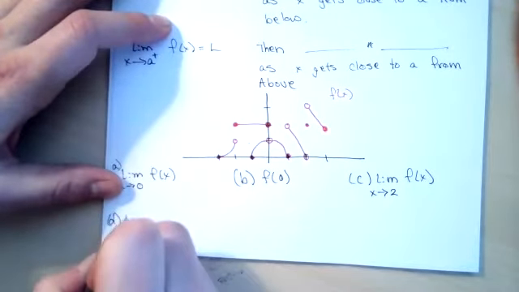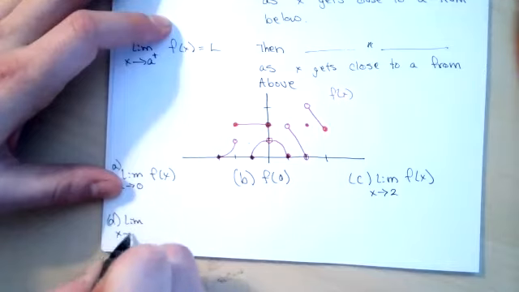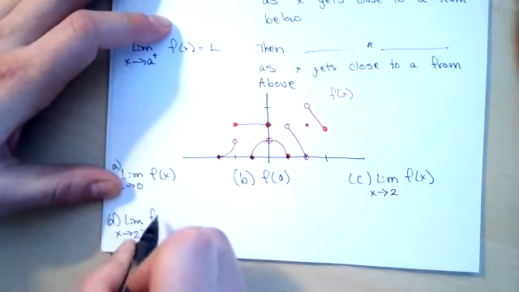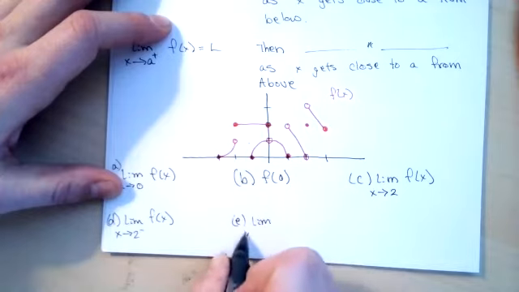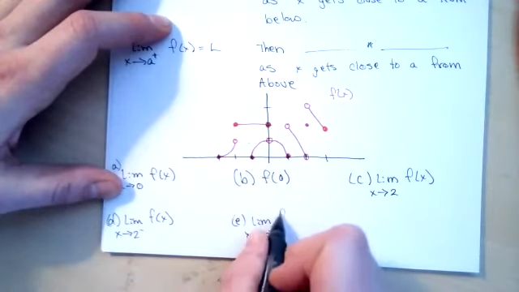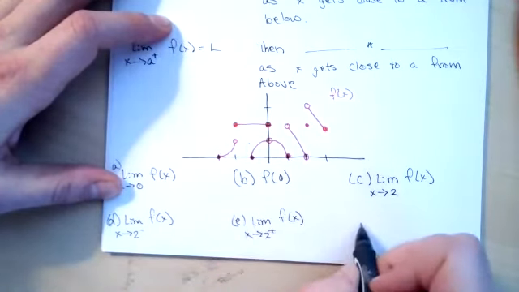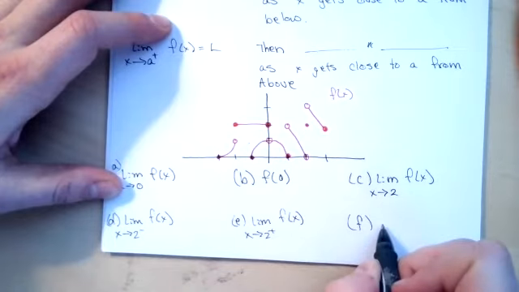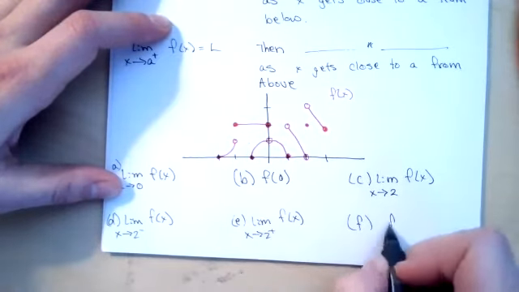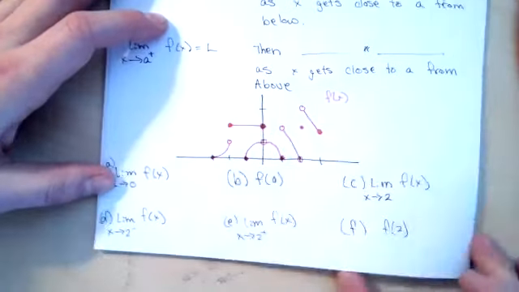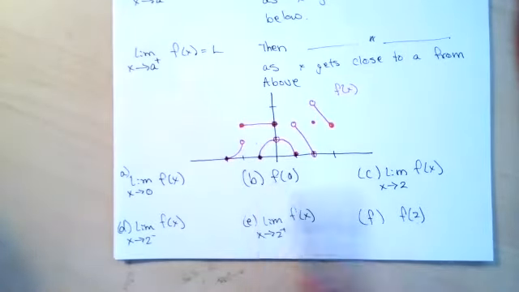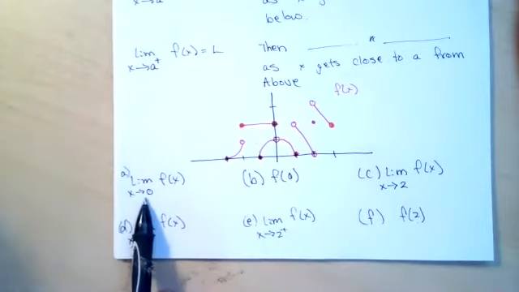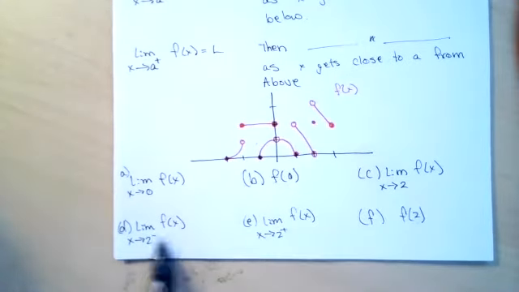Let's do the limit as x approaches 2 from below. The limit as x approaches 2 from above. And let's do f of 2. So this kind of ties in everything together. We've got function evaluations, the actual point of the function. We've got limits, and then we've also got one-sided limits going on.